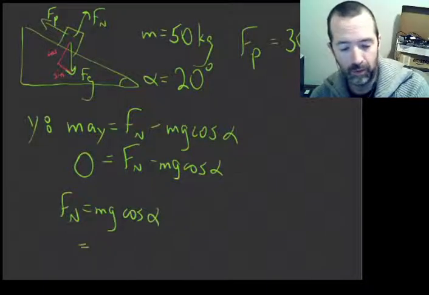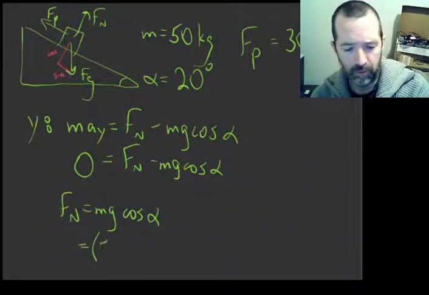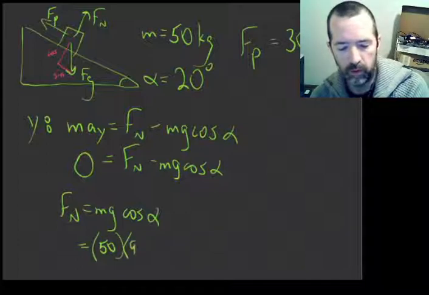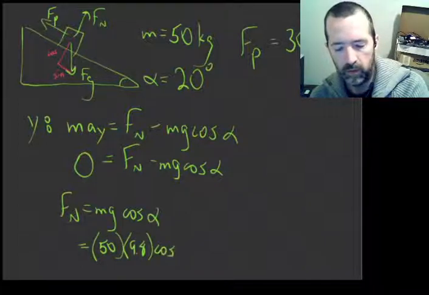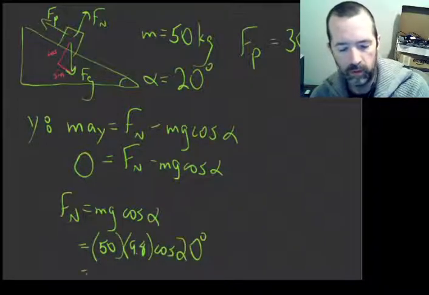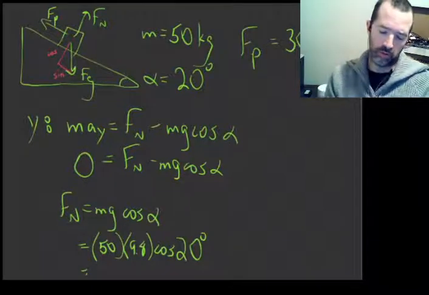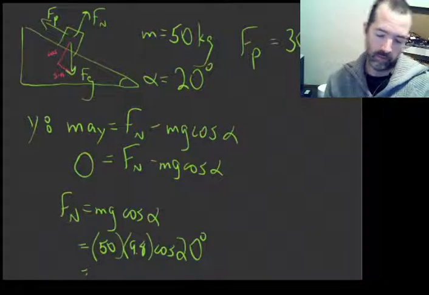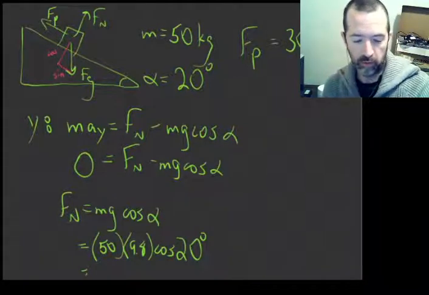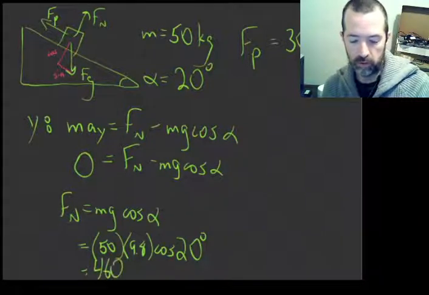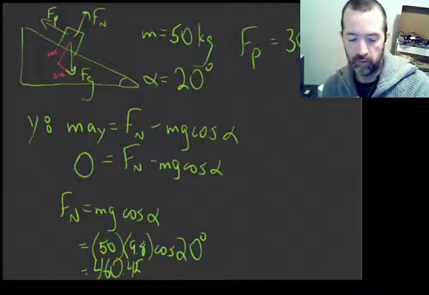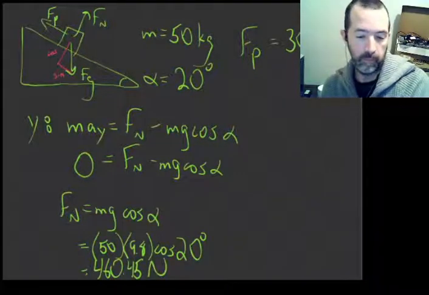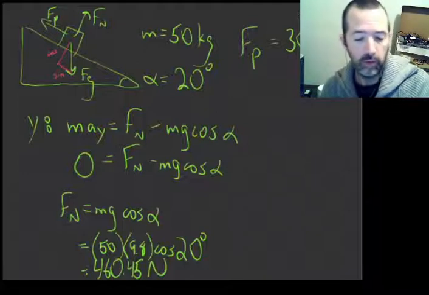I said I was going to do this with numbers. The mass was 50, g is 9.8, cosine of 20 degrees. So I'll calculate a number for that. Normal force is 460.45 newtons. Oh wow, I wrote that really big, didn't I?